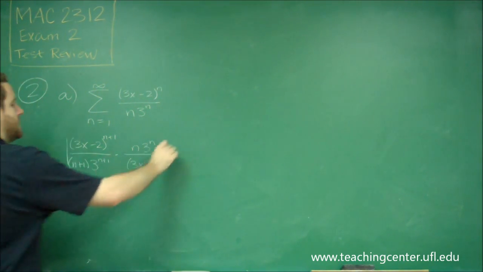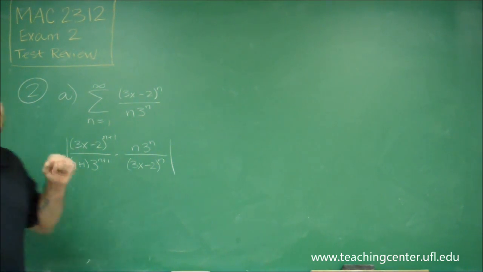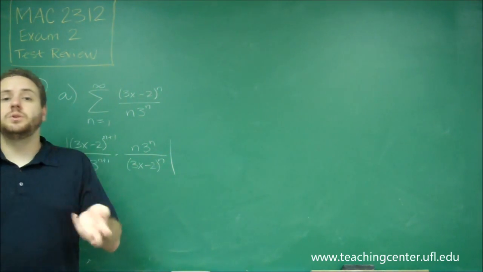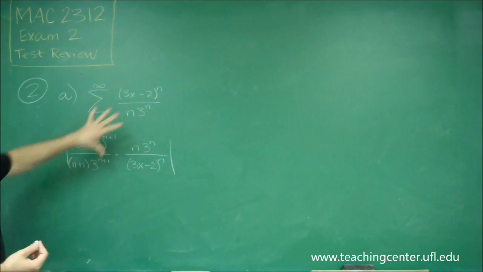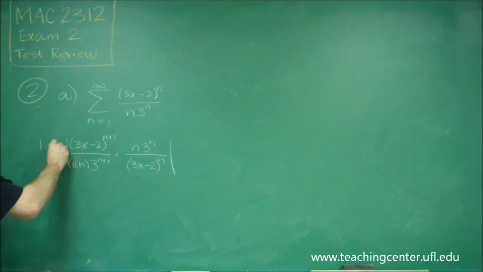When you're doing these interval of convergence problems for x, it's very important that you include the absolute value, because x could be anything, not like n's, which we know are positive anyway. When you have the x's, you really got to make sure you include those. And of course, we're doing the limit as n goes to infinity.